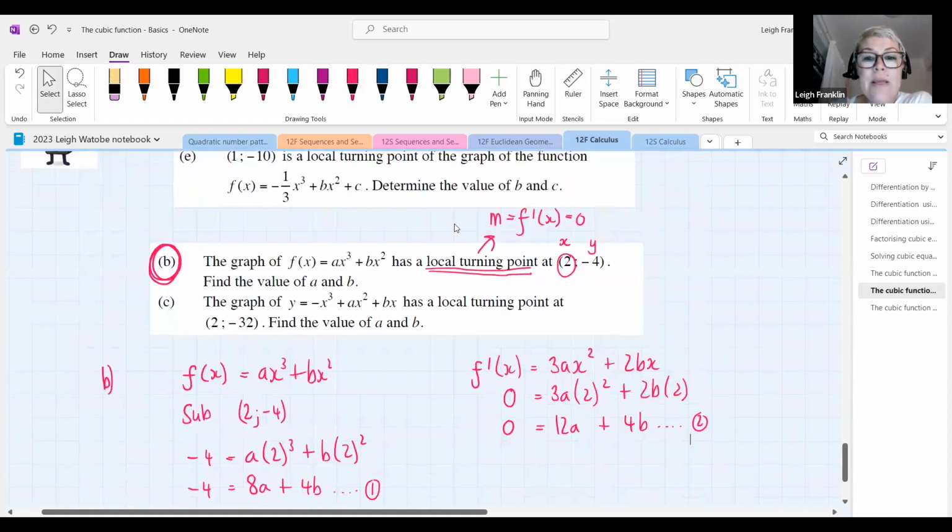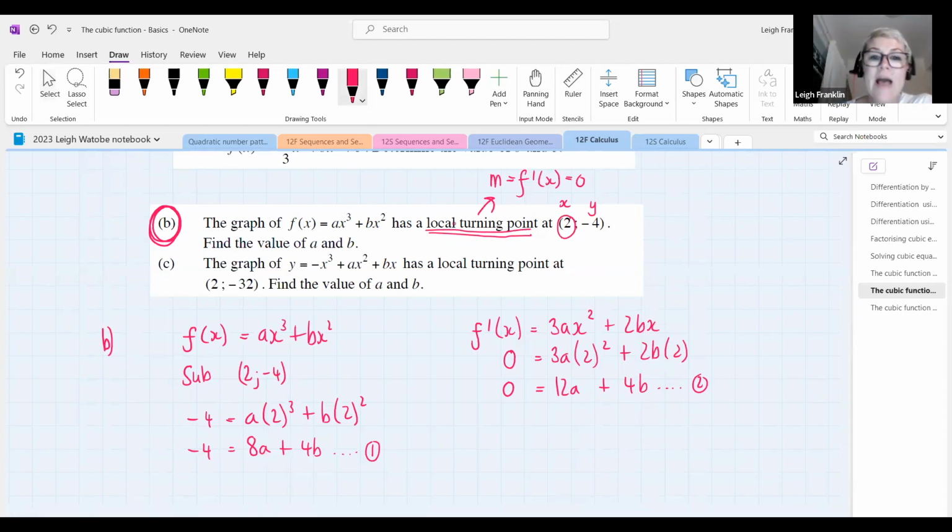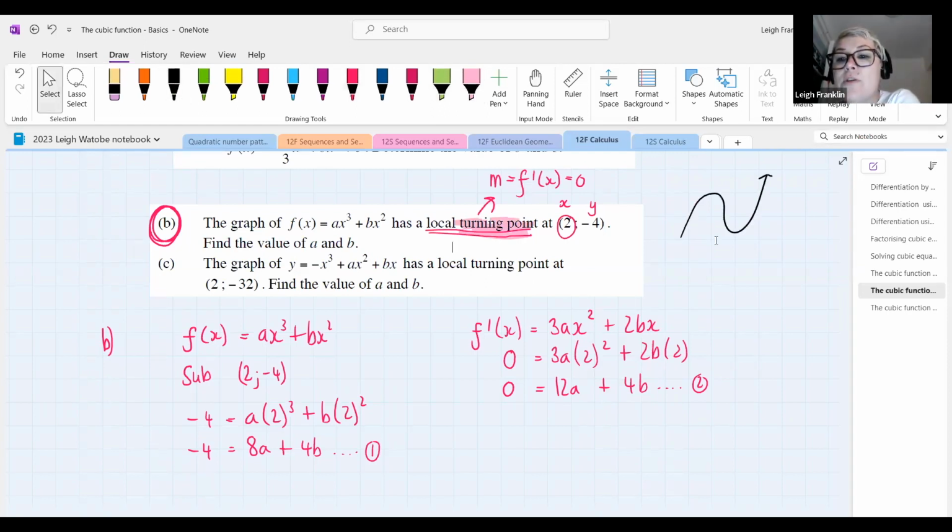But they've been very clever about what they've given you, because this point is not just a point that lies on the graph, it is also a turning point. That's critical to being able to answer the question. Irrespective of what the graph looks like, you know that the gradient at the turning point is 0. That's the key to solving this problem.